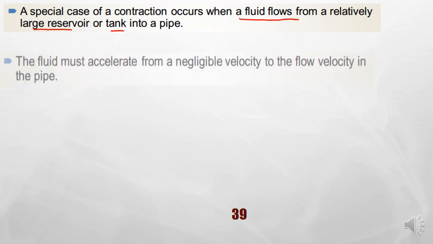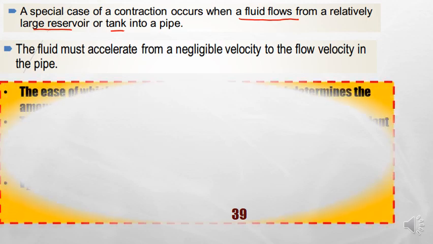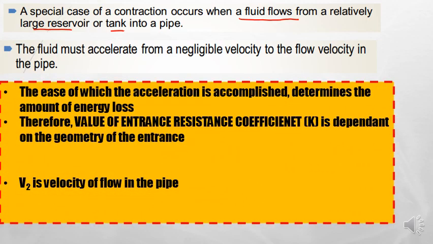Okay, so the fluid must accelerate from a negligible velocity to the flow velocity in the pipe, and the ease with which the acceleration is accomplished determines the amount of energy loss.